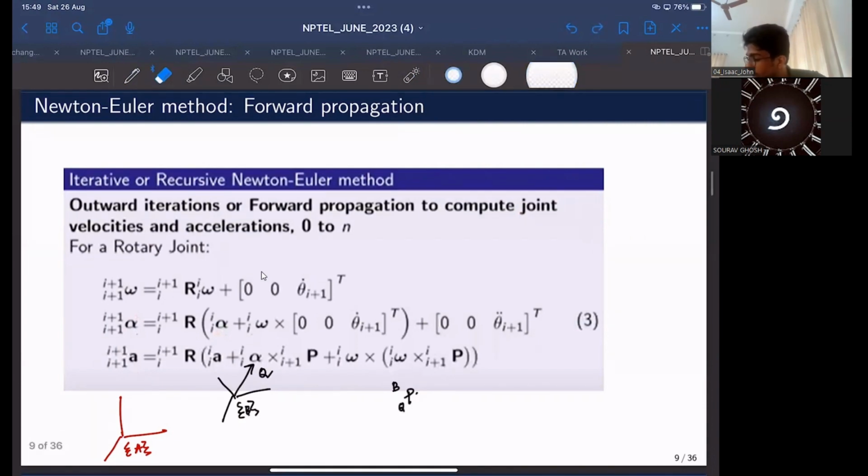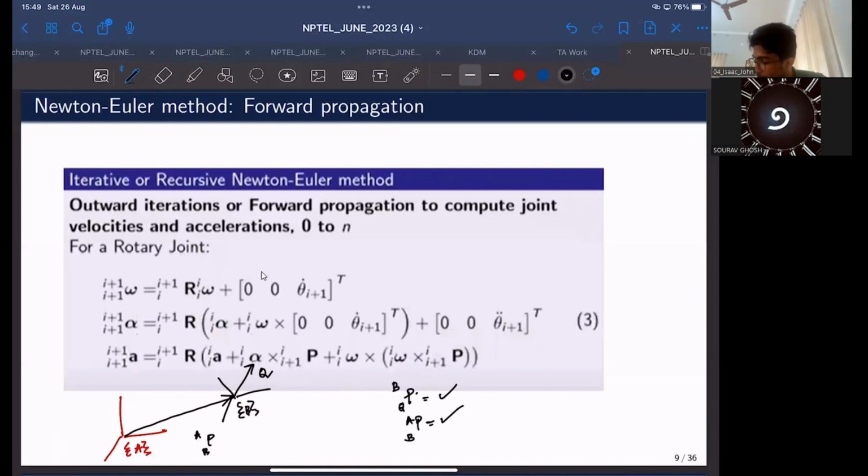If we know this, and if we also know the position of frame B with respect to A, then what is the position of Q with respect to A? This is the question, right?